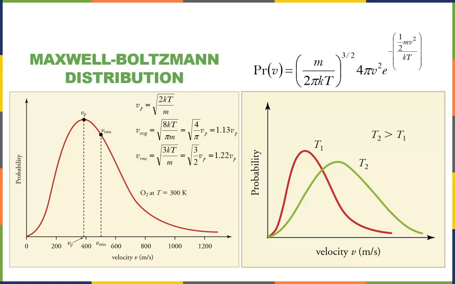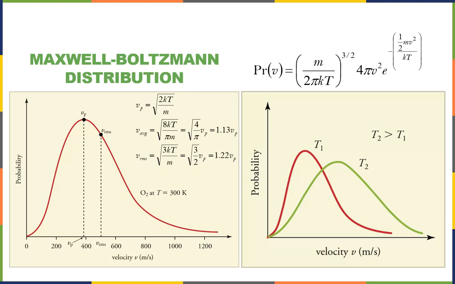Second thing, this Maxwell-Boltzmann distribution is not symmetric, and the RMS speed is faster than the average speed, which is faster than the most probable. On the test, you will have these equations here, so you don't have to memorize what their relationships are.